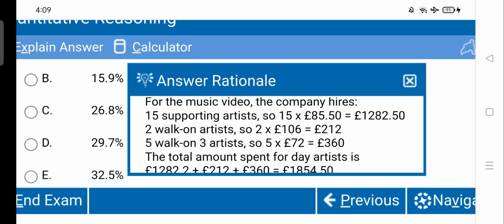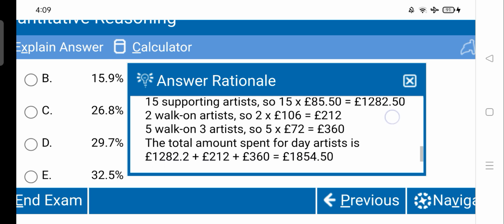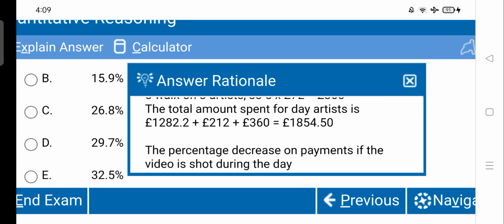The total amount spent for day artists is 1282.50 plus 212 pounds plus 360 pounds equals 1854.50 pounds.